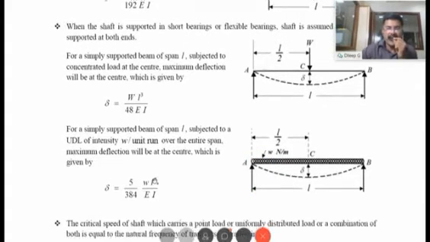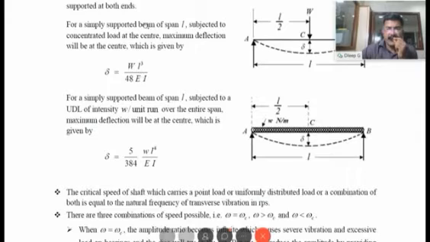Now, consider one more case. These are some standard results you have to remember.